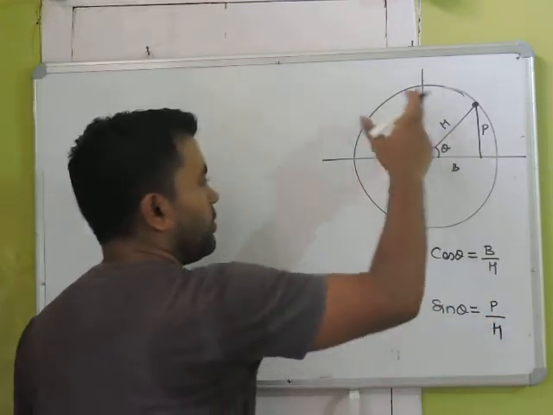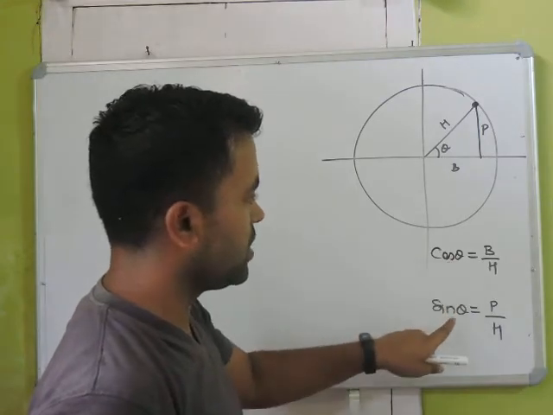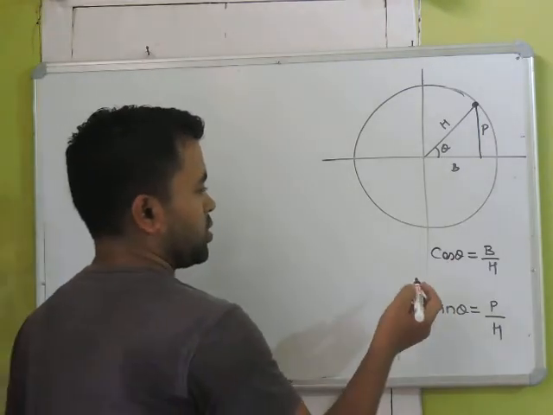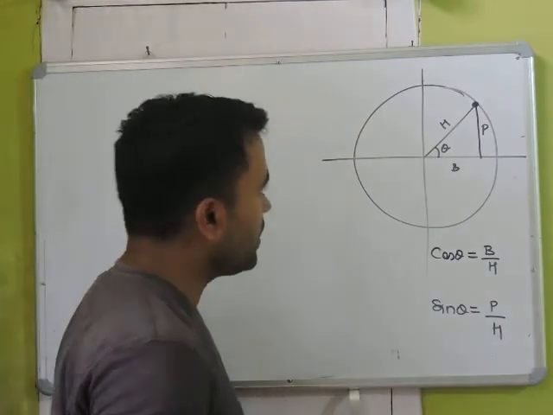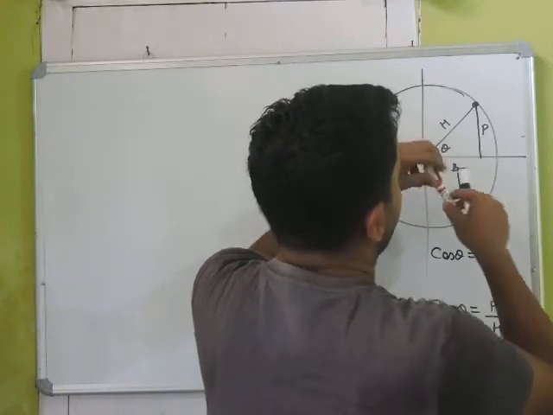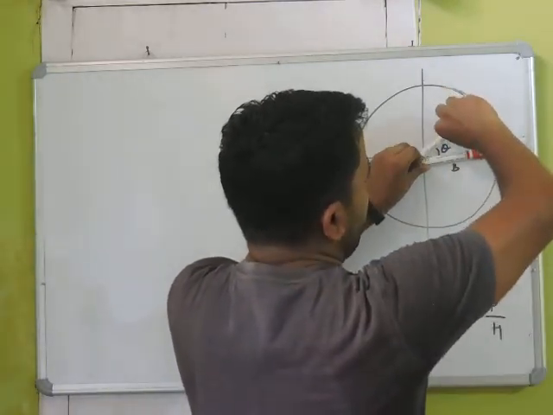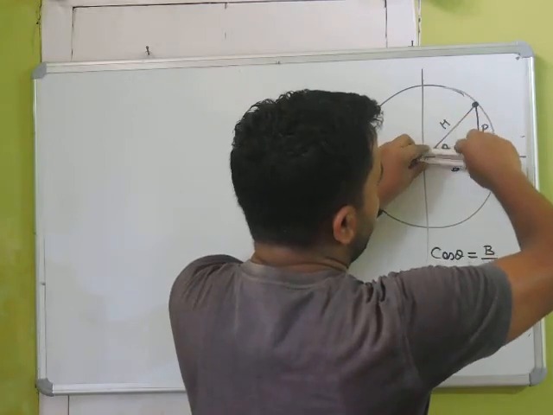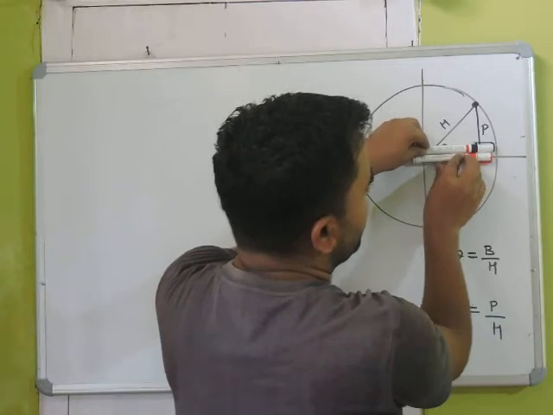Now we are trying to find out what is the value of cos 0 and sine 0. So what happens when this line rotates, right? This was the reference line. When theta is 0, this base and hypotenuse will be like this.